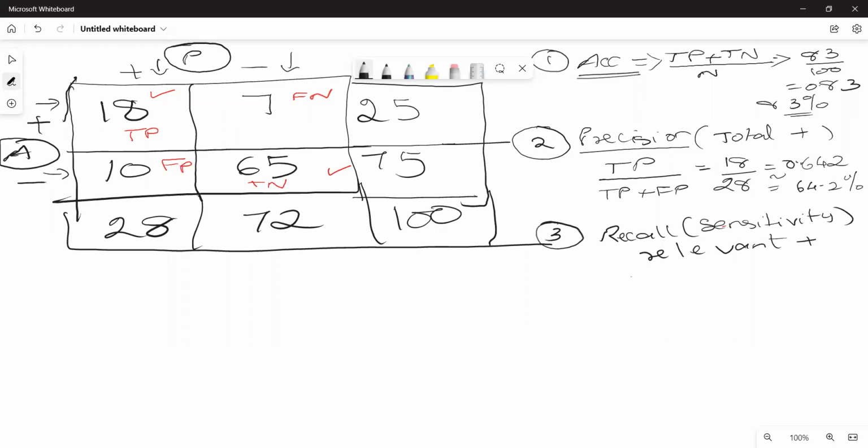So that means true positive divided by true positive plus false negative. So which is how much? 18 upon 25. Now, if I do the calculation, I'll get 18 divided by 25, which is 0.72, which is 72%.